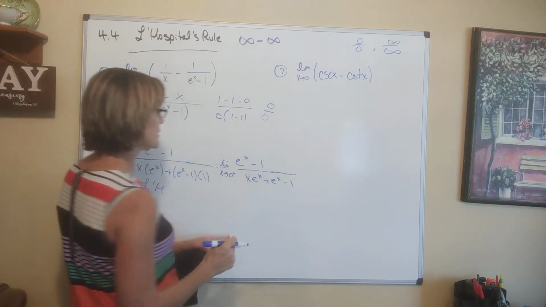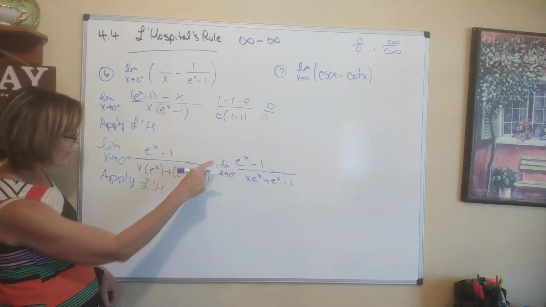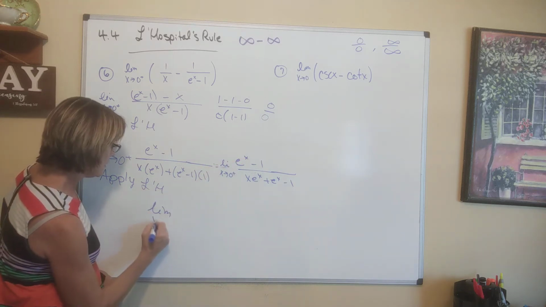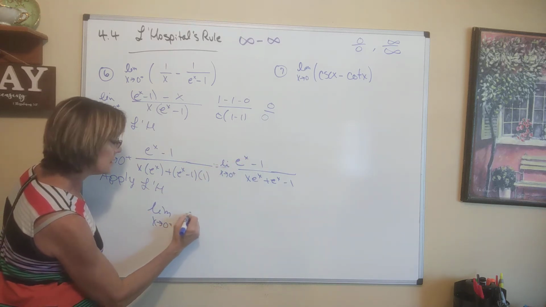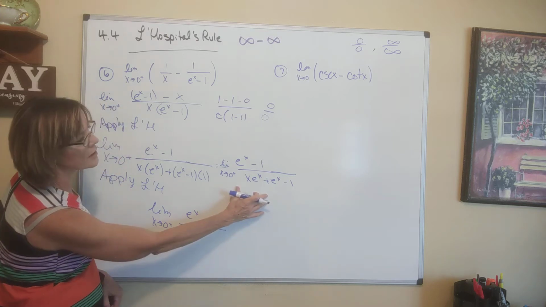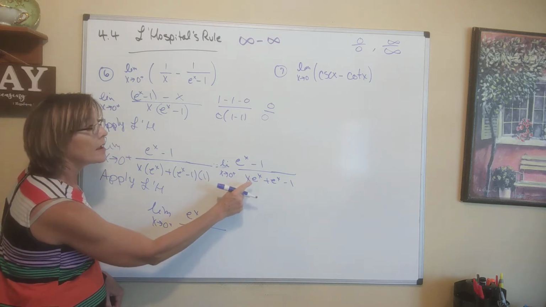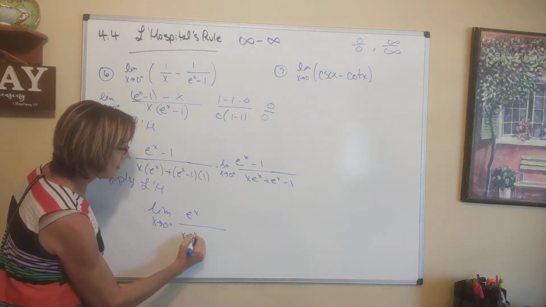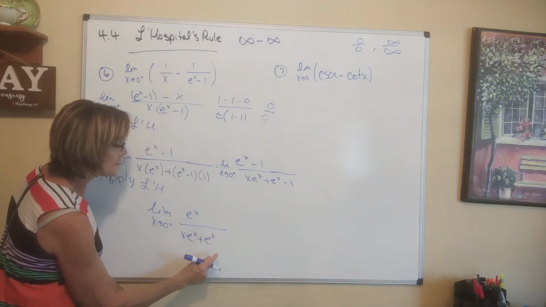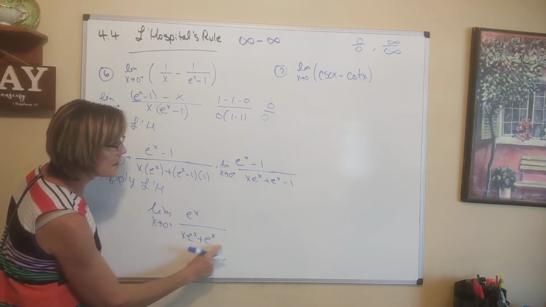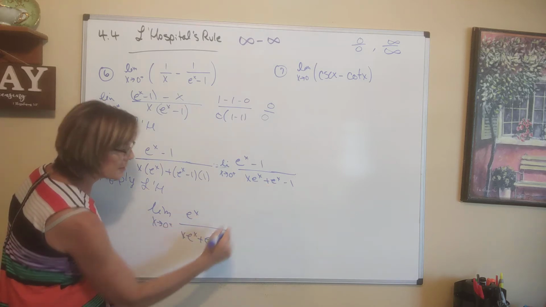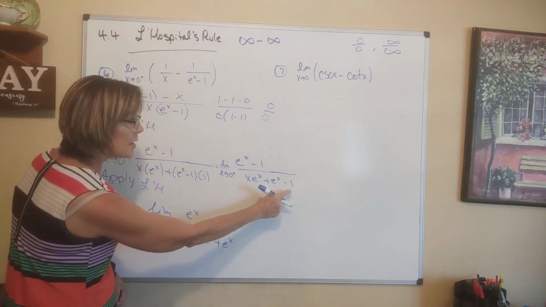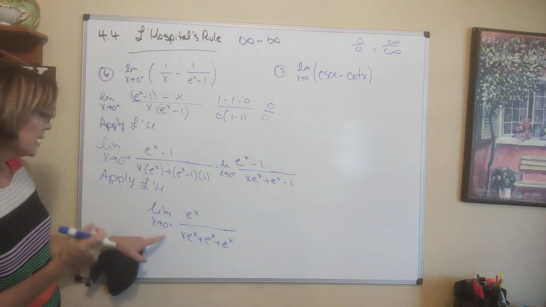This is what I'm about to do: take the derivative of the numerator, which is just going to be e to the x, over the derivative of the denominator. Product rule: first times the derivative of the second plus second times the derivative of the first, which is 1, plus the derivative of e to the x, which is just e to the x, plus 0.